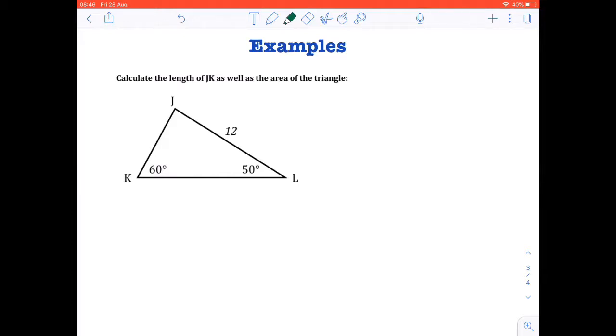We can see already that angle K, 60, sits opposite this side, and we are trying to work out JK, but we've got that 50 degrees, which is opposite. So this is an opposite situation happening.